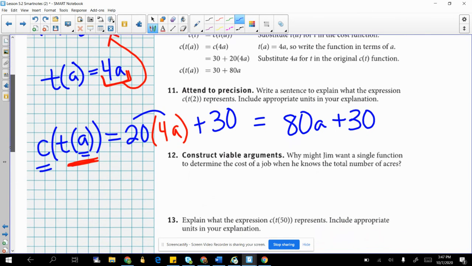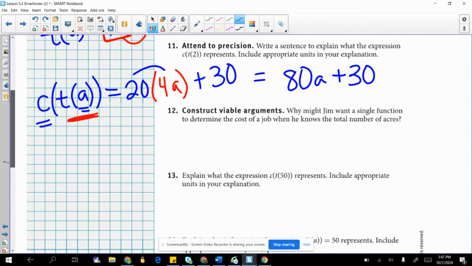All right, so then 11 says to write a sentence to explain what this means. So C of T of 2 would mean that they have 2 acres to be mowed, and you would get out the cost. Number 12 says, why might Jim want a single function to determine the cost? And that's just, again, because it's easier for him.